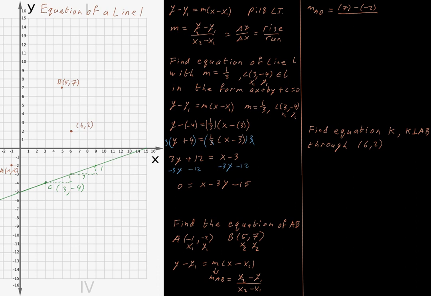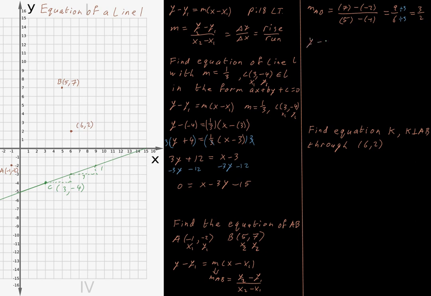And then we have 5 minus 1. So we end up with 9 all over 6. And I see I have a common factor of 3. So I divide above and below by 3, or take out the common factor of 3. And I end up with 3 over 2 for my slope of AB.